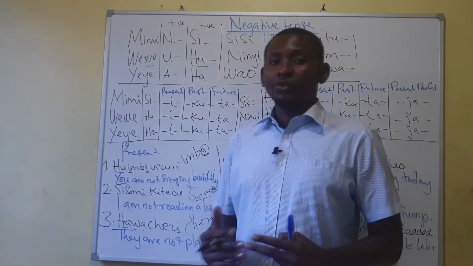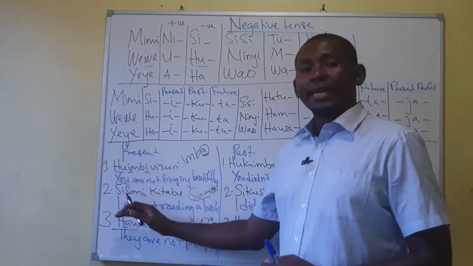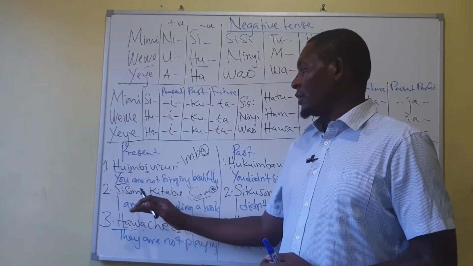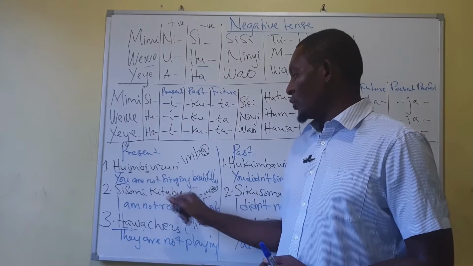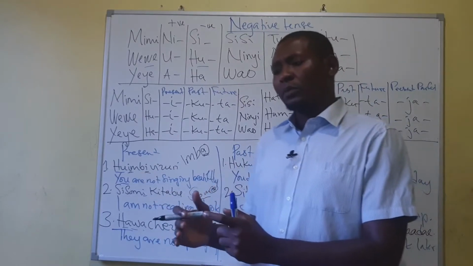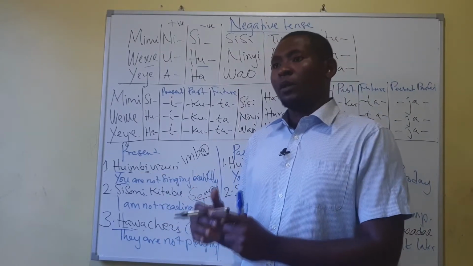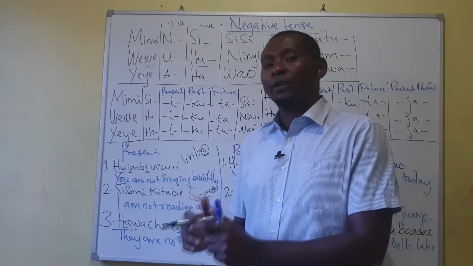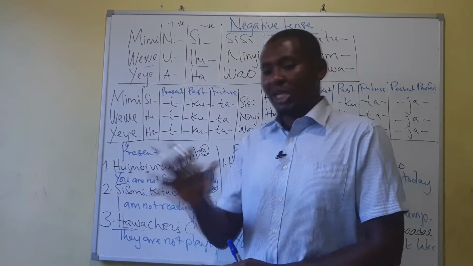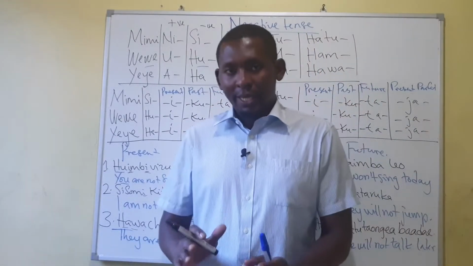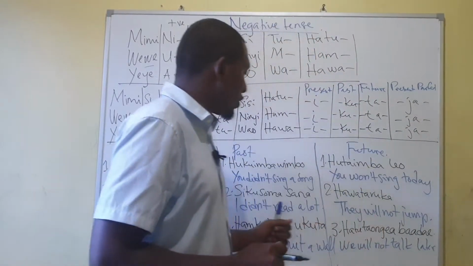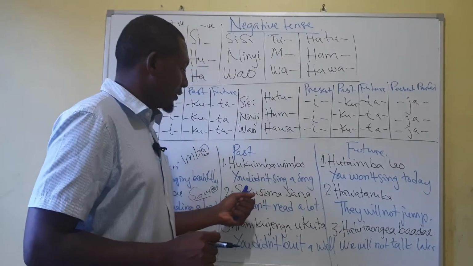That's how you negate in the present. That's how it is used: it's the final vowel of the verb stem. You just change that from a to i. A to i.